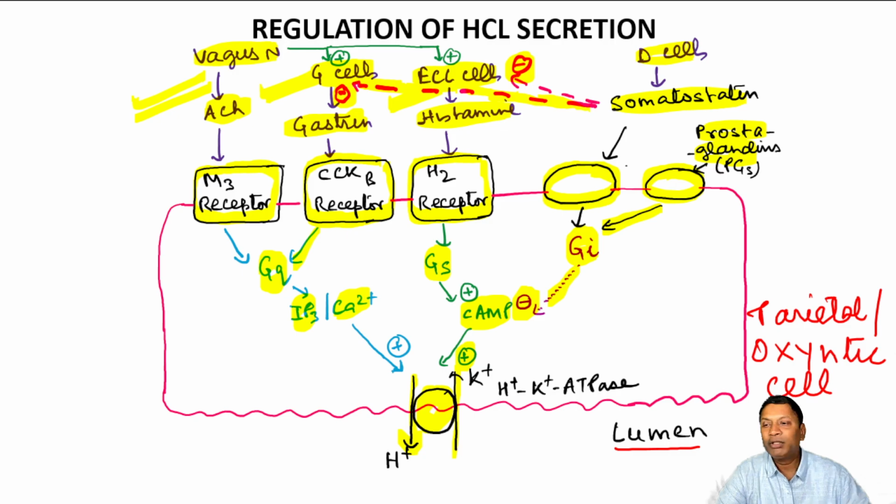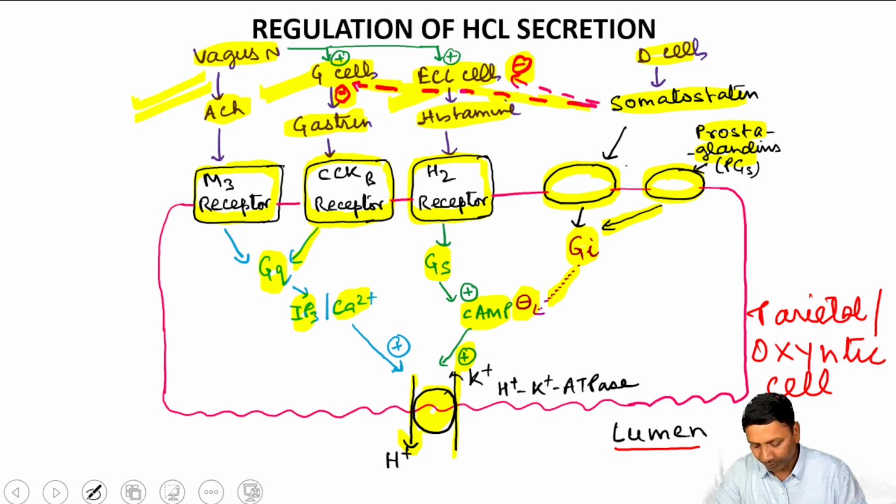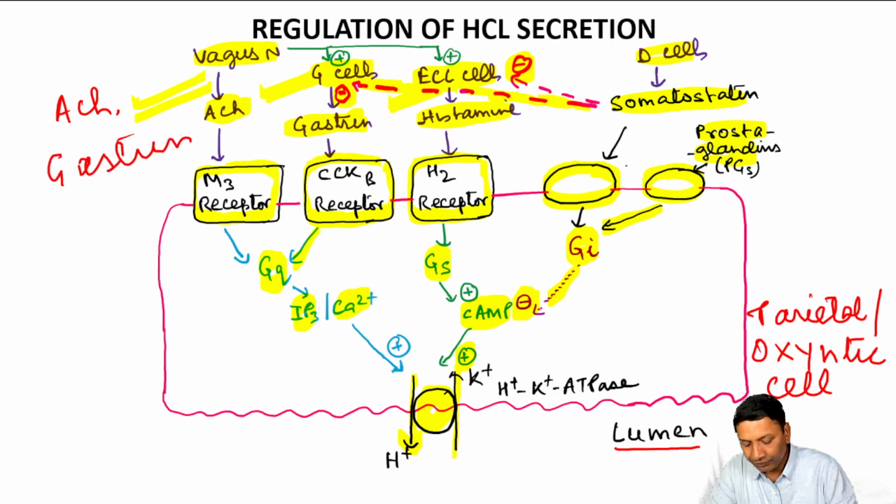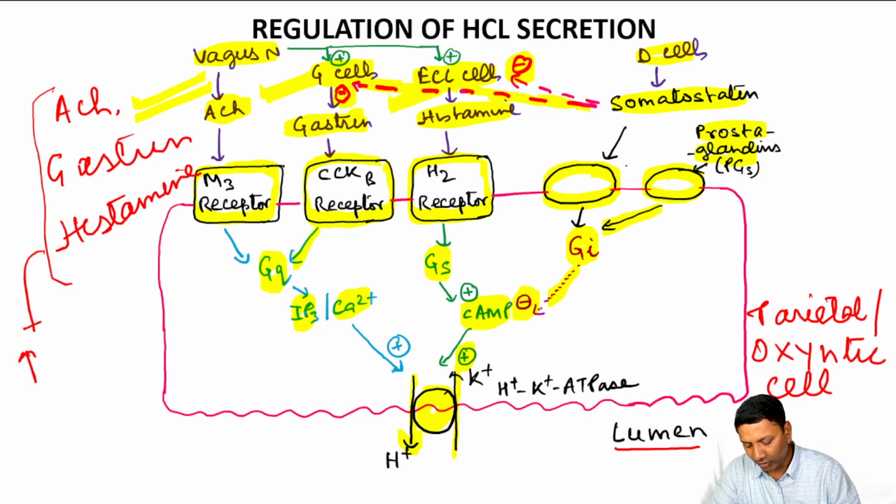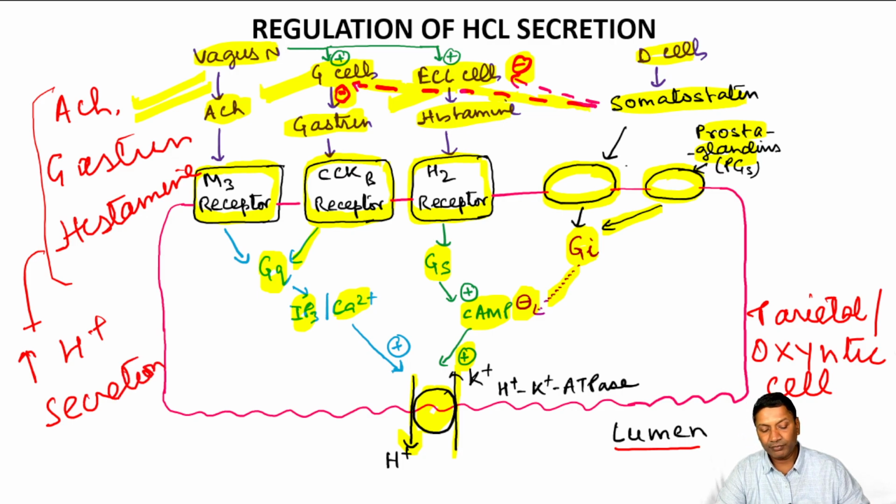So acetylcholine, gastrin, and histamine, the three will increase the hydrogen ion secretion by the parietal cells, right.